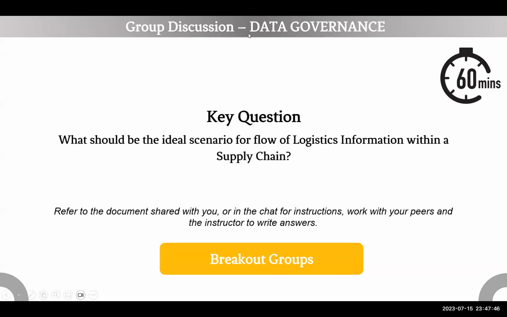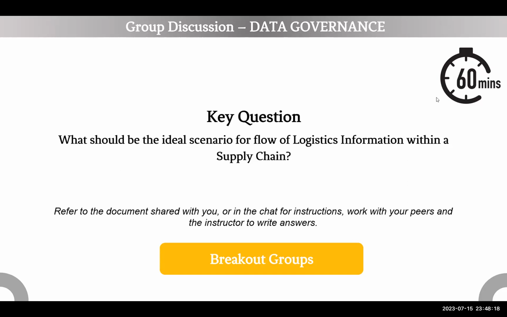We will divide you into two groups. One group will be guided by Dr. Okafor, and the other group will be guided by me. What we want are two group leaders, so please raise your hands if you wish to become one. The key requisite is that the group leader should be able to share their screen with the document and write the key points discussed in that group.